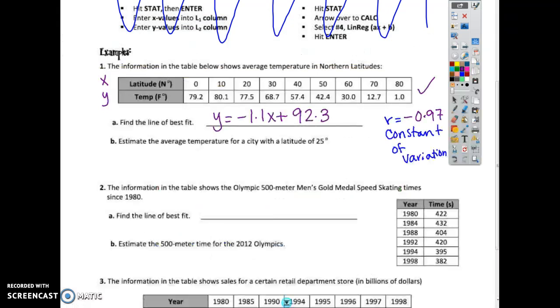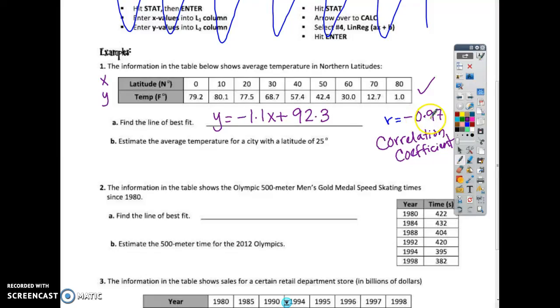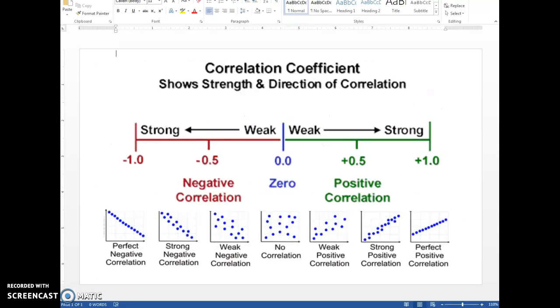So the number that we just got, let's change this to correlation coefficient because I like it better. Correlation coefficient. We got negative 0.97. That number is really, really close to what number? To negative 1. Okay?